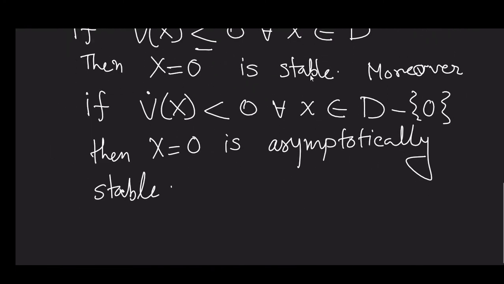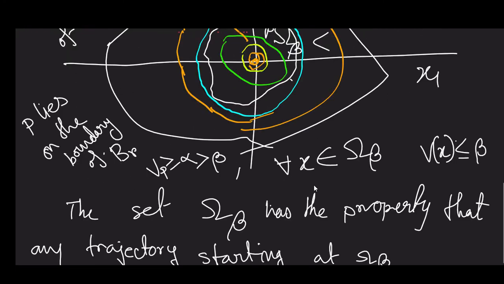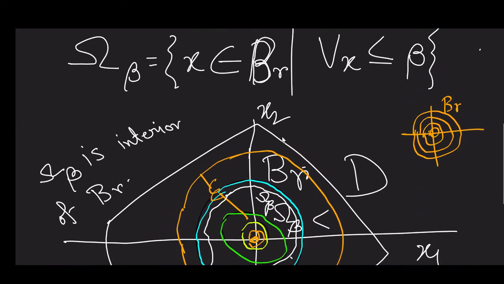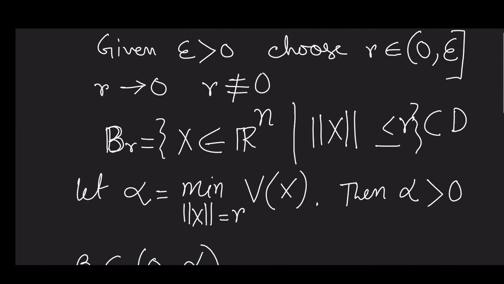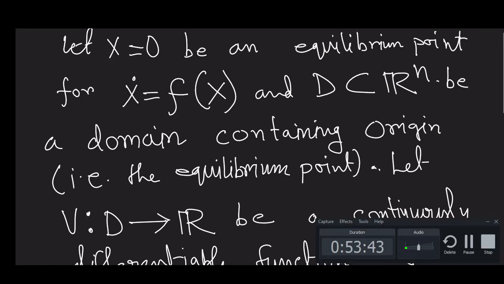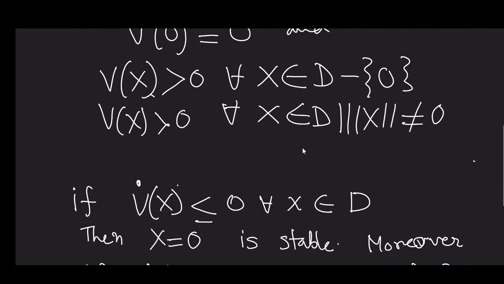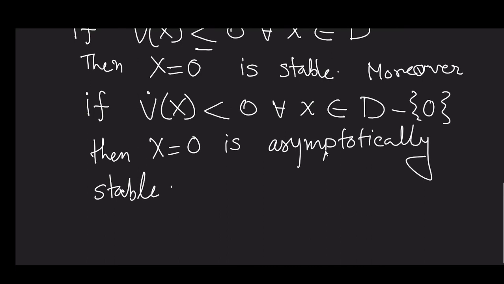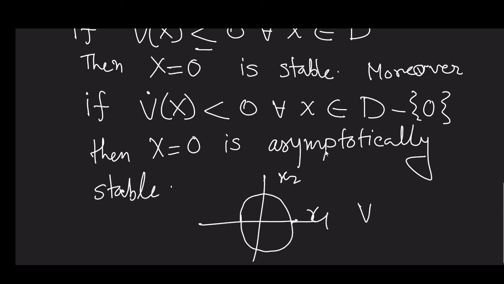Anyway, let me draw it here. Suppose we are taking x1, x2, we are taking V(x) equal to the most gentle one.